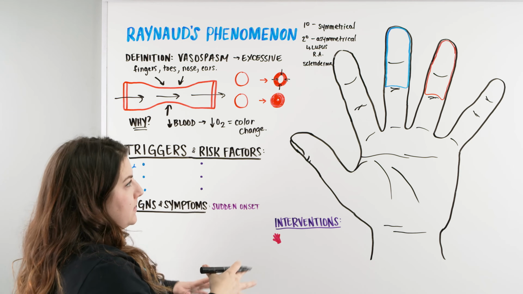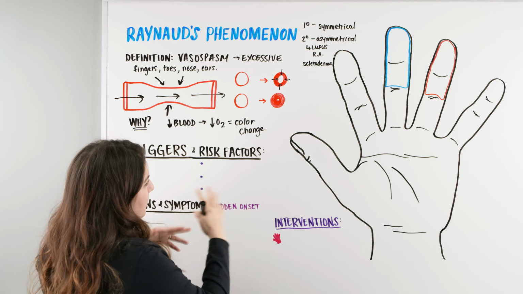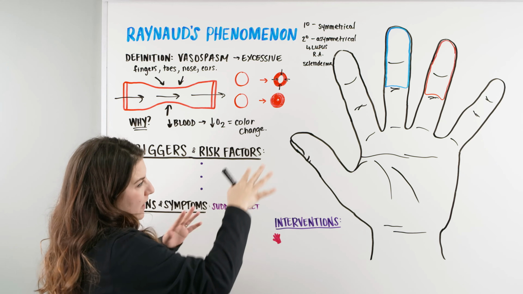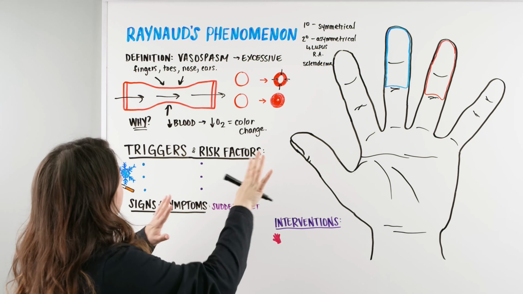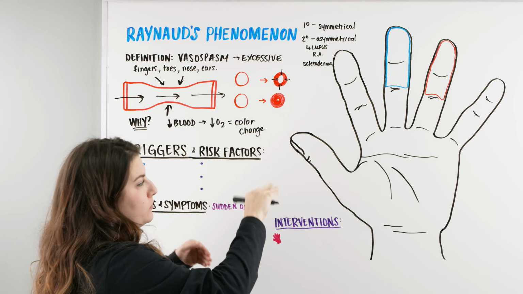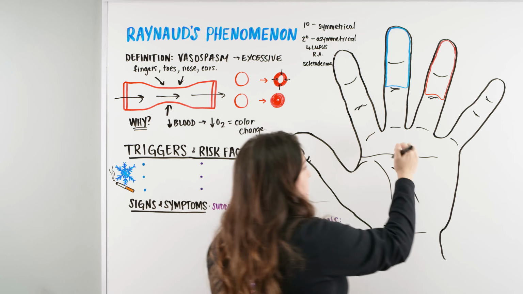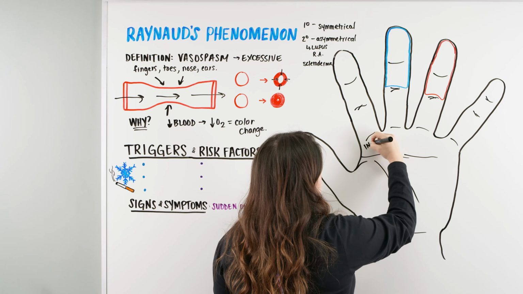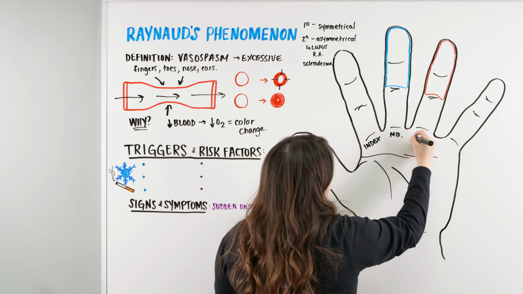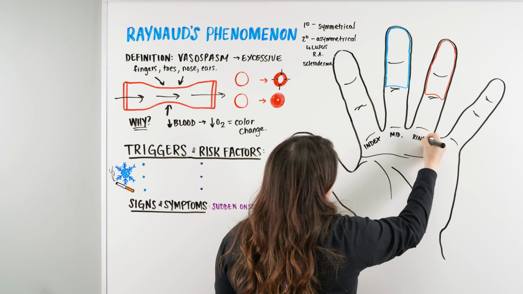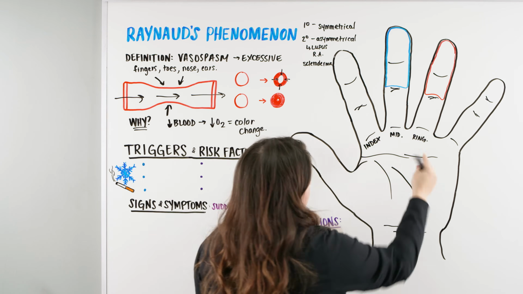Let's talk about the hand, since in Raynaud's, the hand is the primary spot in the body that this occurs. It does occur again in the ears, nose, and toes, but it does occur in the hand, and it occurs most often in 3 fingers. We have right here our index, our middle, and our ring finger. So it occurs typically in these fingers.